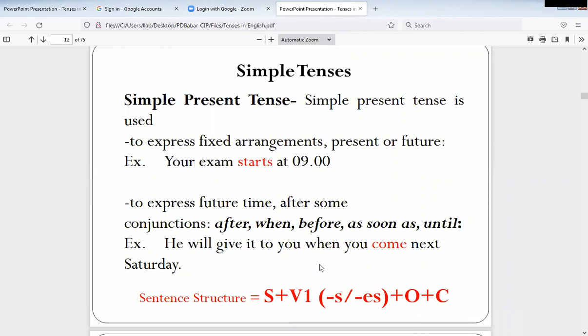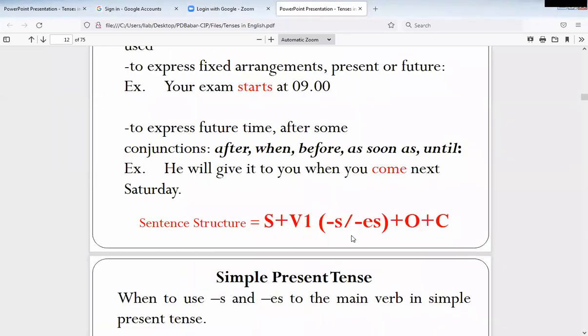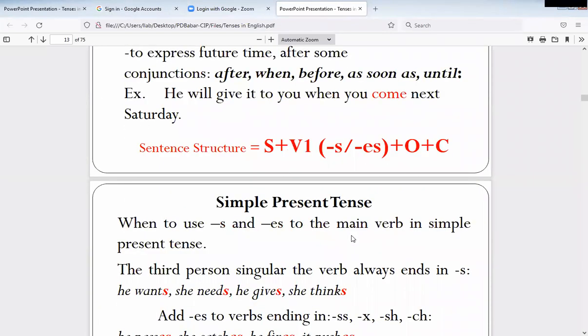If the subject is third person singular, like he, she, it, then only we will use the S or ES suffix to the verb. So keep this in mind. This is the simple trick that we use for the construction of the sentence.